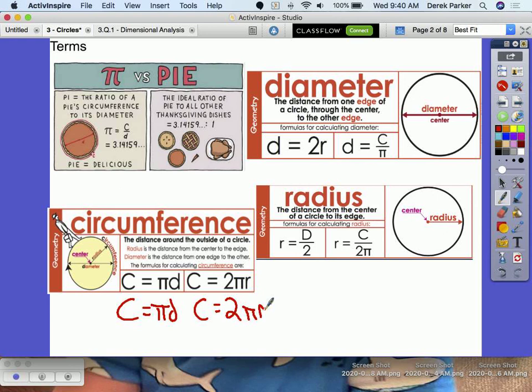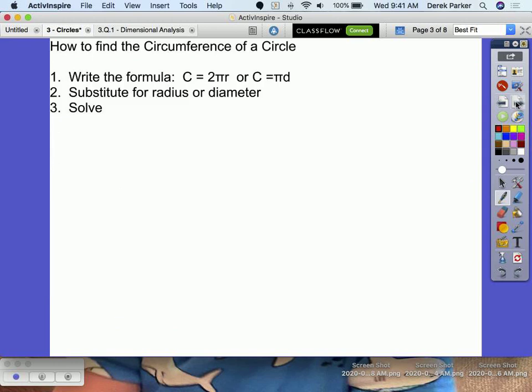The d stands for the diameter, which is the distance from one edge of the circle to the other through the center, and the other formula is 2 pi r, which uses the radius. The radius is half the diameter, the distance from the center of a circle to its edge. Okay? Again, the formula for circumference is either C equals pi d or C equals 2 pi r.